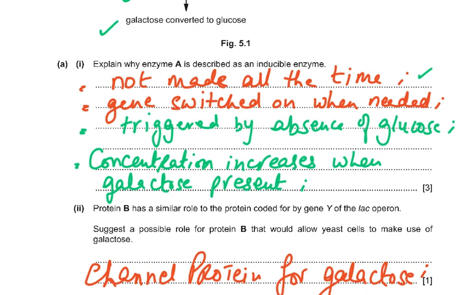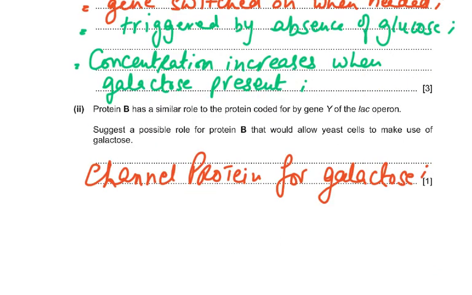These genes are switched on only when needed, triggered by the absence of glucose. So they will start to be switched on, and the concentration increases when galactose is present.